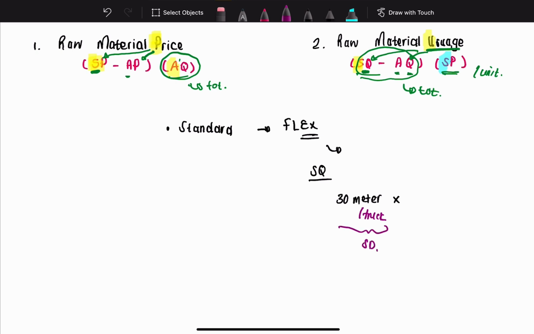And then we have an actual of, for example, 3,000 trucks. Flex just means we take into account a standard element and an actual element to get our standard amount. So trucks actual will give us your standard quantity. We have 30 meters used per truck, and we have 30 trucks that were actually produced.